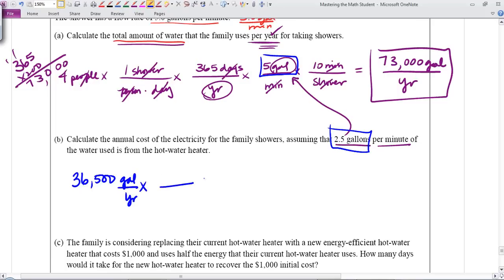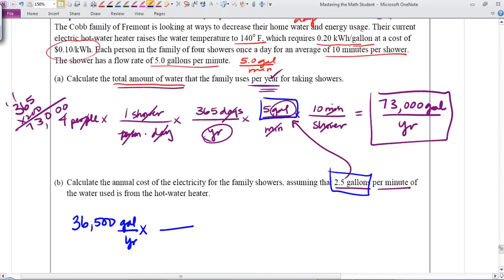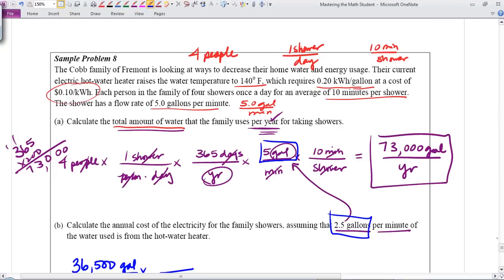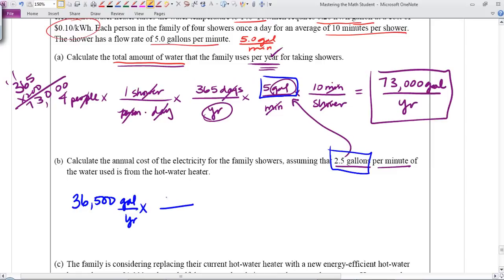Well, good Lord, now I've forgotten what the cost was. $0.10 a kilowatt hour. So $0.10 per kilowatt hour canceled out nothing. So what else do I need to know?